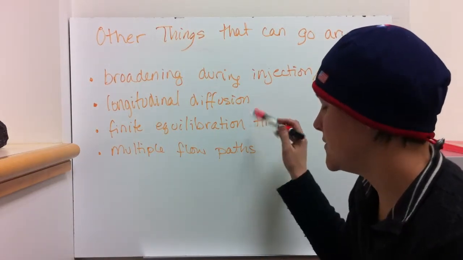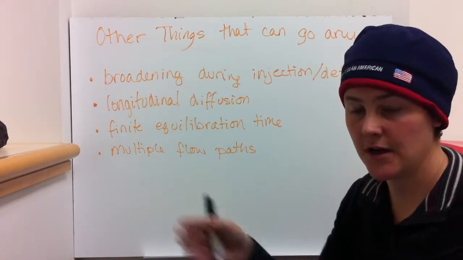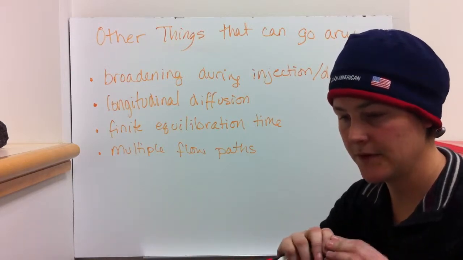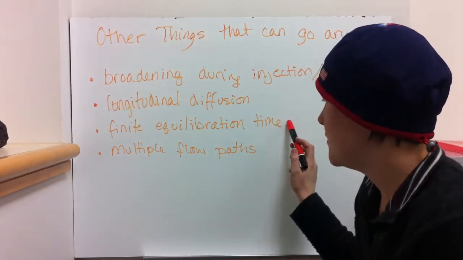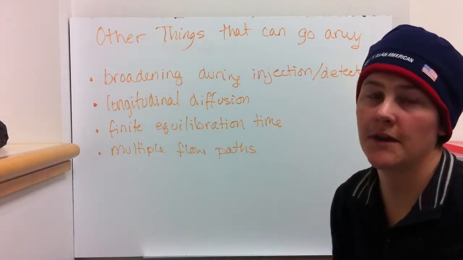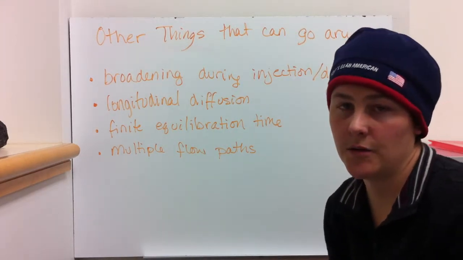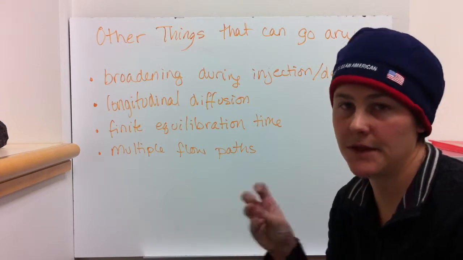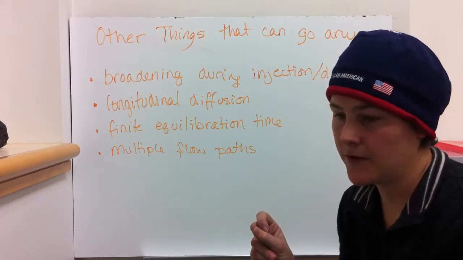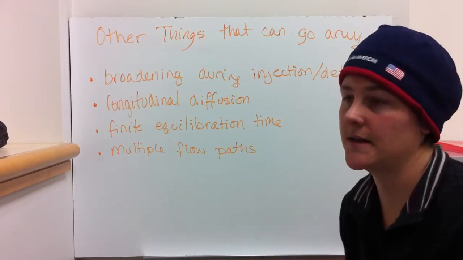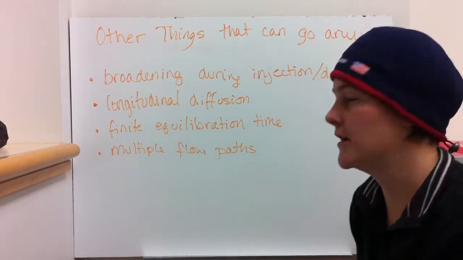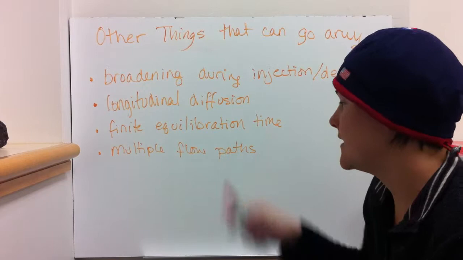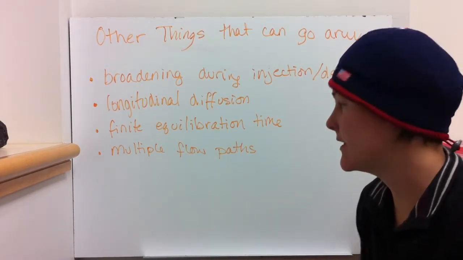We've talked about longitudinal diffusion, where you have diffusion along your column because of the Brownian motion. You could also have issues with a finite equilibration time. We think of equilibration in chromatography as being an instant process, like you are instantly on or off the stationary phase. But there's a time associated with that.